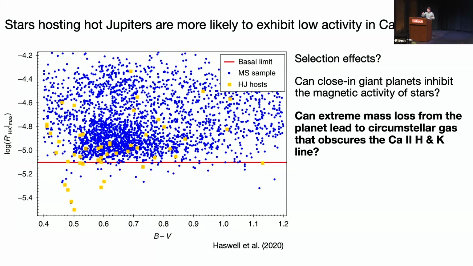And a third potential possibility is that extreme mass loss from planets can lead to circumstellar gas obscuring the star and blocking the calcium II H and K line. So the star's activity is not actually less, it's just what we observe. And this idea was inspired by observations of this system, the most extreme system in this sample, WASP-12.